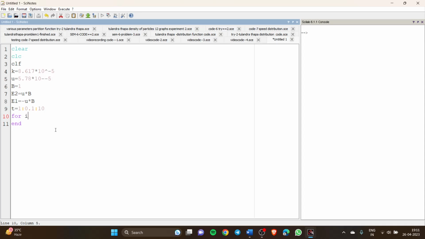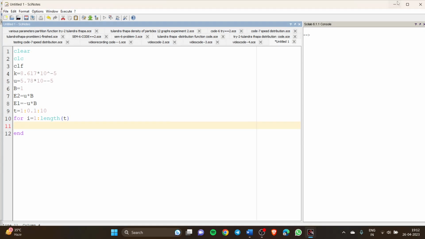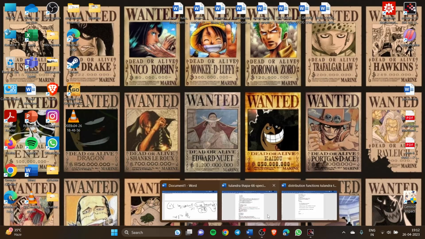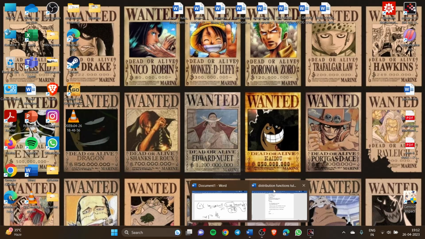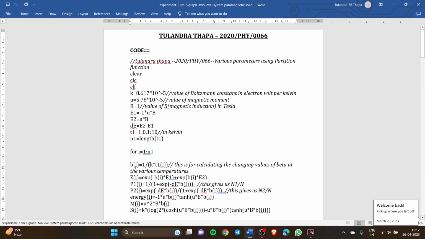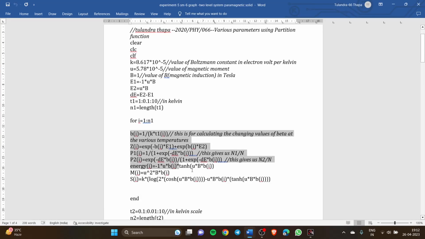So we can start with i equal to 1 to length of t. Again, I am doing the same thing: for the specific heat distribution functions, we can simply go to the fixed experiment two-level system and copy these formulas.